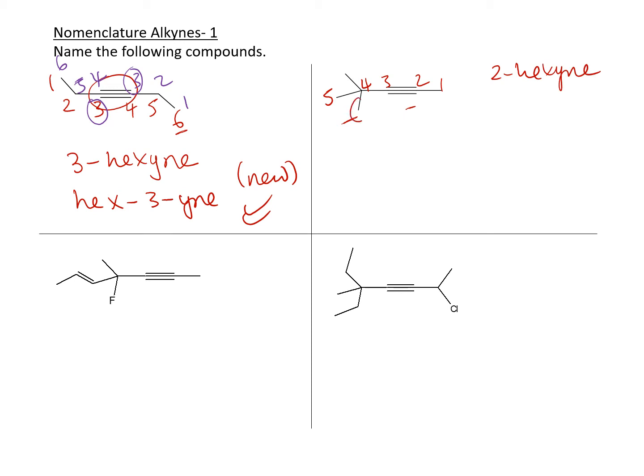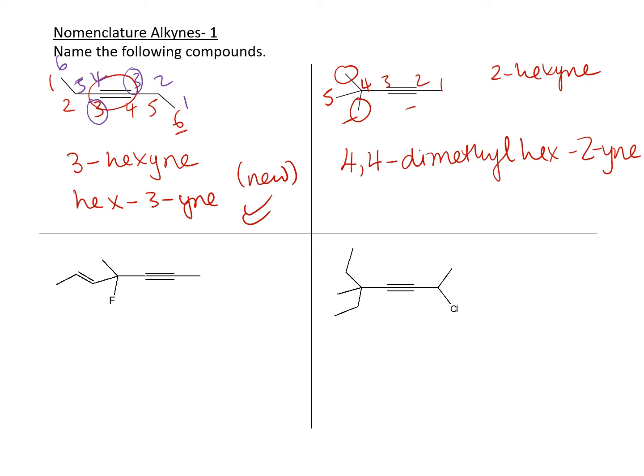And then on the 4th carbon, we have 2 methyl groups. So the name is going to be 4,4-dimethyl hex-2-ine. And yes, that's the new nomenclature. The old one would be 4,4-dimethyl-2-hexyne. So that's how you would name this one.